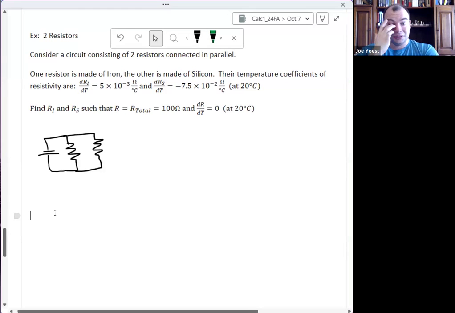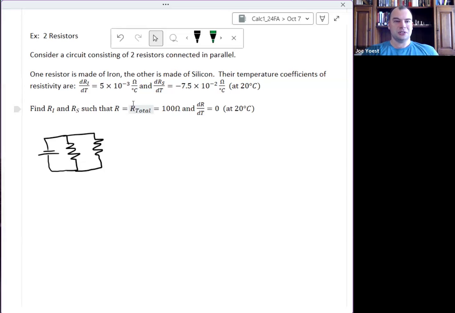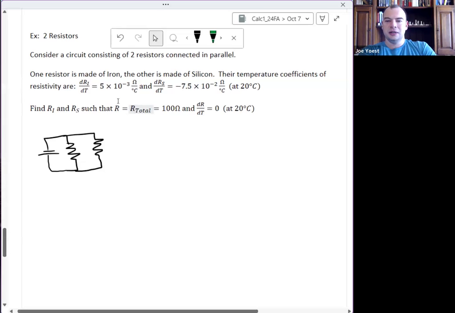One thing about resistors is that their resistance tends to be dependent on their temperature, how hot they are at that point. If a resistor is in a warmer environment, it might get more resistive or less resistive. Its resistance might increase or decrease with respect to the temperature in the environment.